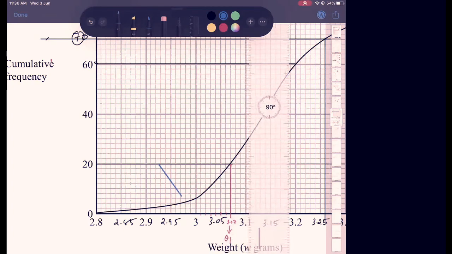Fortunately, that falls exactly on this position, and that is Q3.